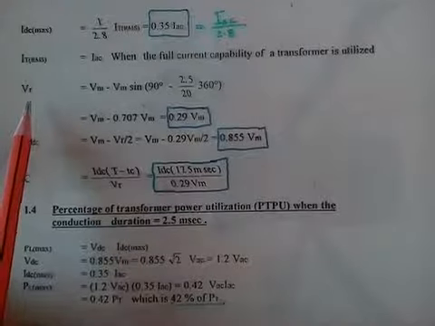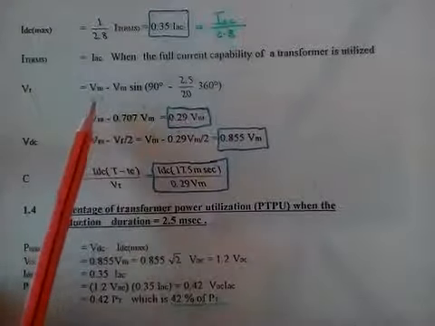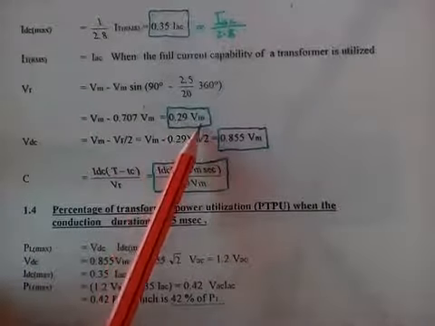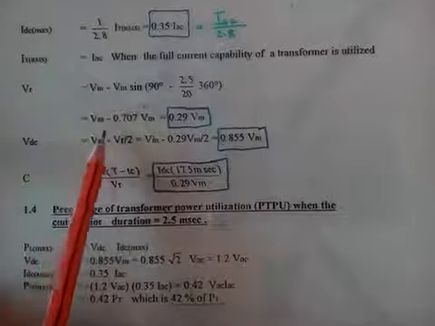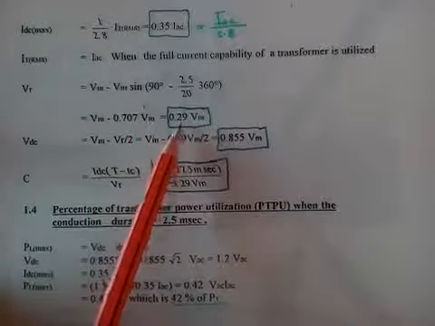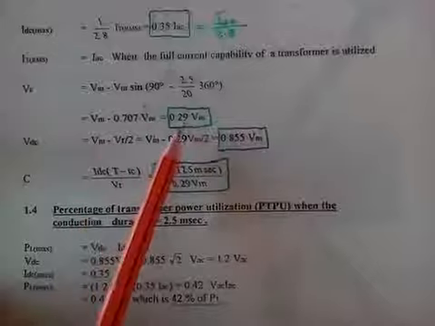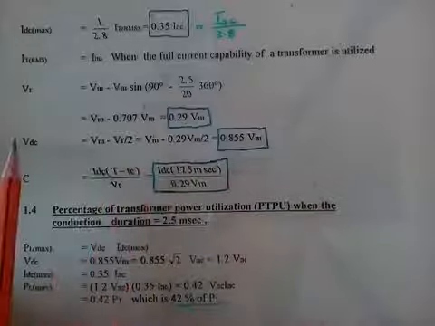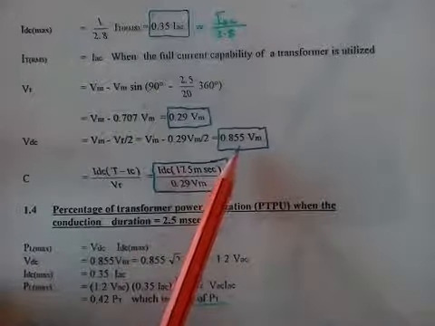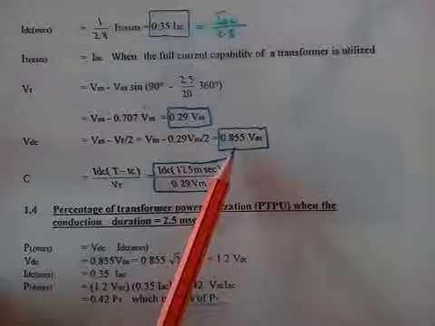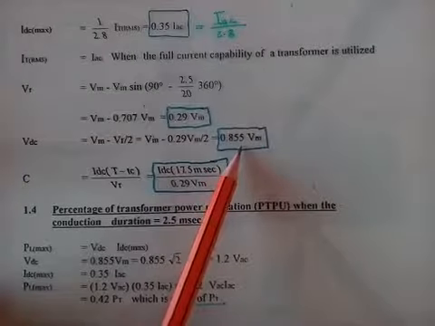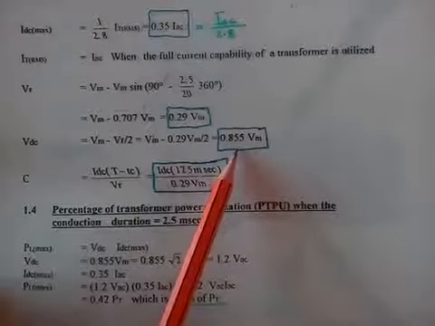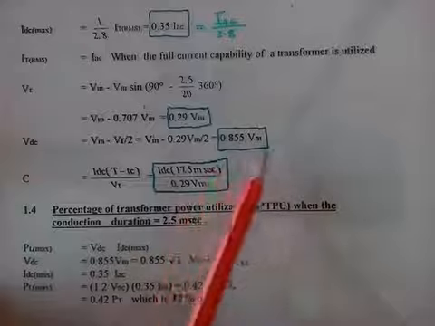VR, the ripple voltage in this case, as we said before, would be equal to 0.29 of VM. That's VM minus 0.707 of VM. That will give us about 30%. And we average it, adding half of it, and you get your VDC to be equal to 0.855. So you get 85% of your VDC. When you put your cap in there, you get up to 85% of the maximum voltage.